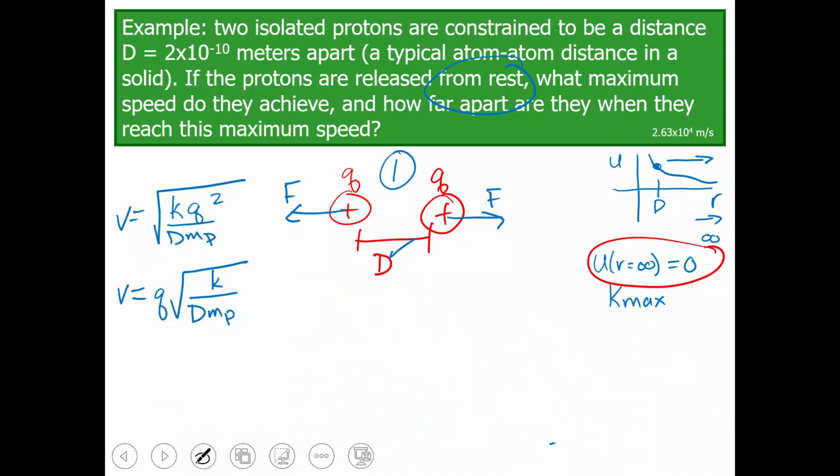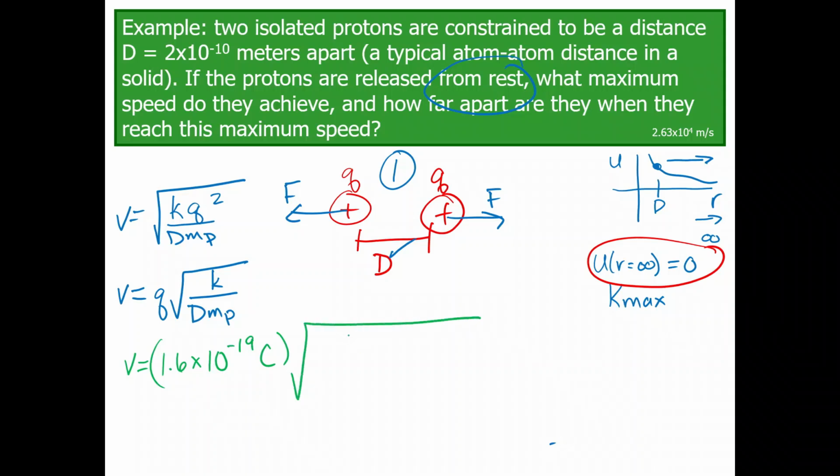So of course at this point, we always show the substitution of our values. So our speed is going to be Q, which is 1.6 times 10 to the negative 19th coulombs, times the square root of K, which is 8.99 times 10 to the 9th newton meter squared per coulomb squared.